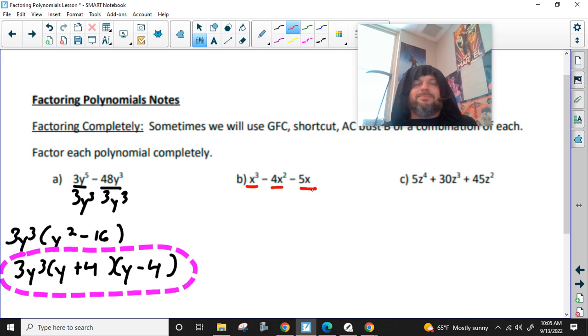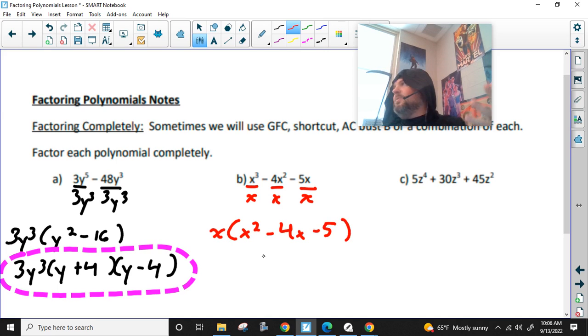Now, for B here, our GCF would actually be X. And then we would use the shortcut or the AC method, however you do it.